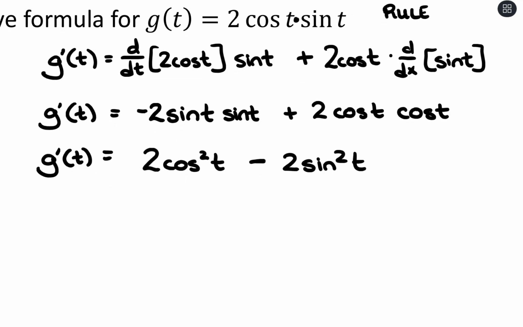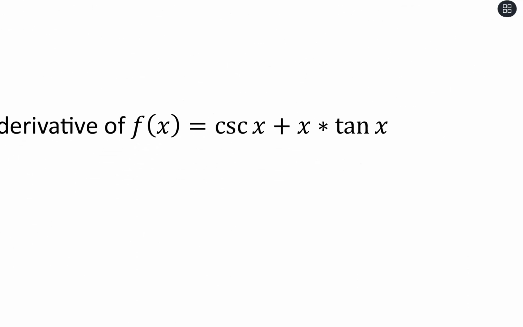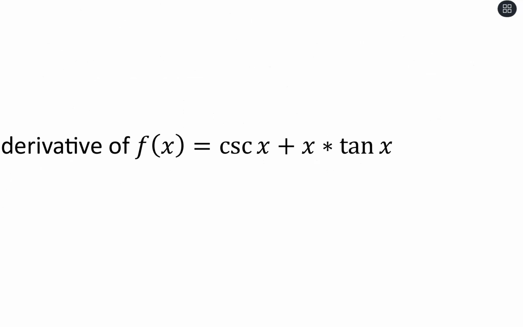All right, let's go to this cosecant x plus x times the tangent of x and taking the derivative. So we have 2 terms here. I'm going to focus on that derivative of cosecant x and then a separate derivative of x tangent x that I'm adding together.